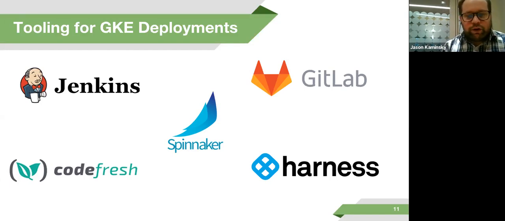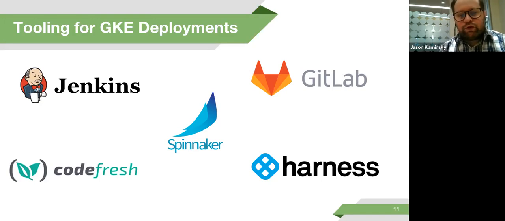So as always, Jenkins is in the list, typically because it's already in one's environment. So leveraging that through custom scripting with integrating Helm to manage your deployments of your applications within GKE is a pretty common thing. Same with GitLab.